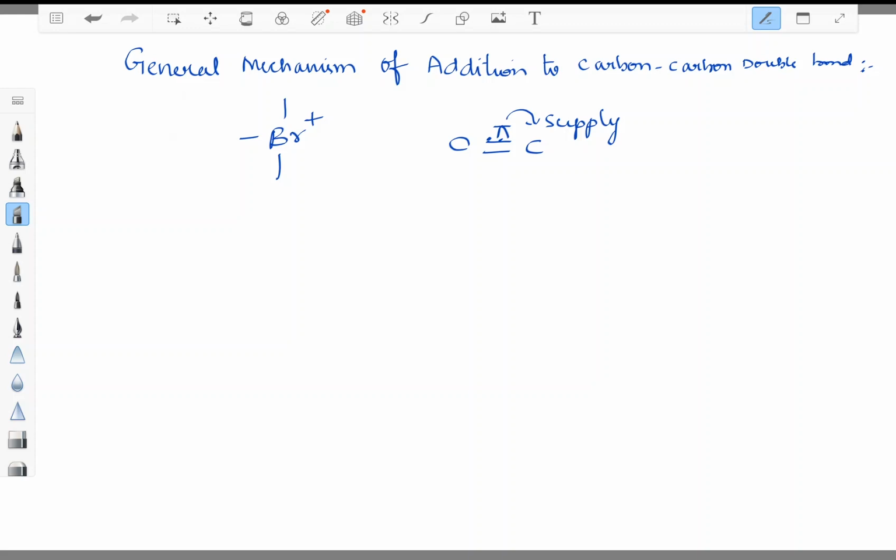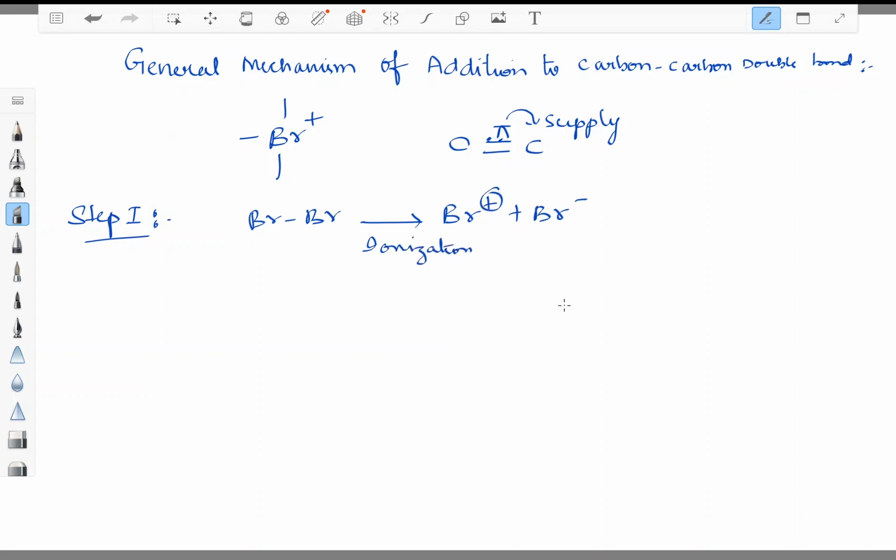The following steps will be similar to those we have seen for the previous one. Step 1, which we have already seen: if we have Br and Br, the first step is to ionize it, so it forms Br plus and Br minus. Ionizing is nothing but formation of ions.